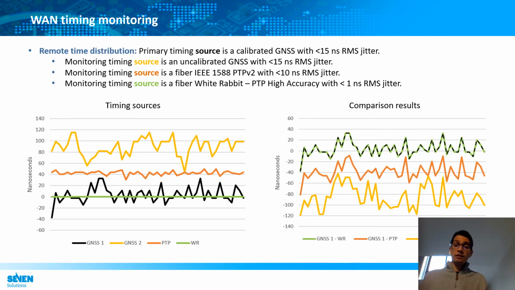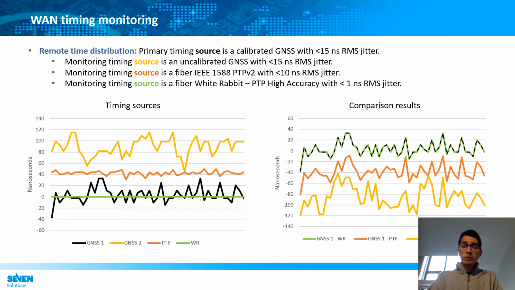And in a wide area scenario, this is even more important because we are no longer dealing with just a single time reference. We are dealing with different time references that could have problems with the calibration of the delays. For example, in the GNSS receivers that are far away, we can have asymmetries in the fiber links that will lead to an inaccuracy in the synchronization.